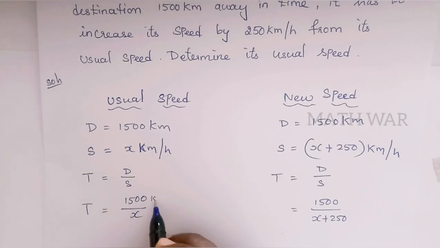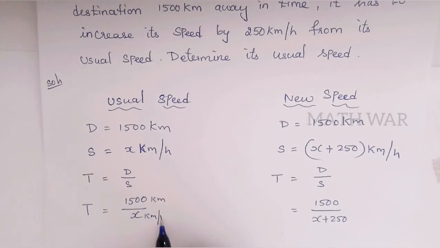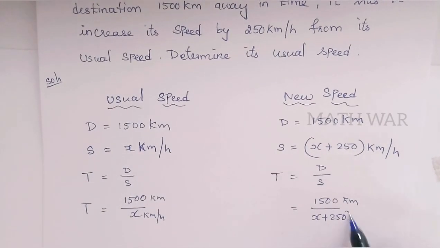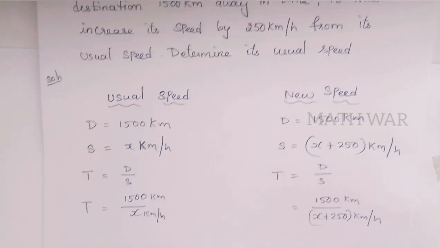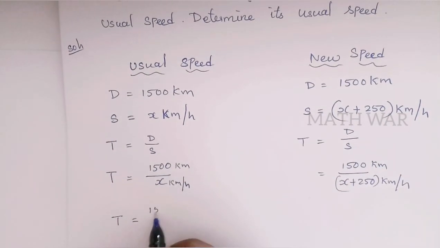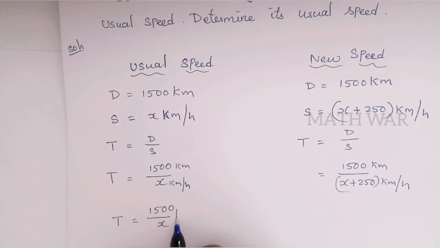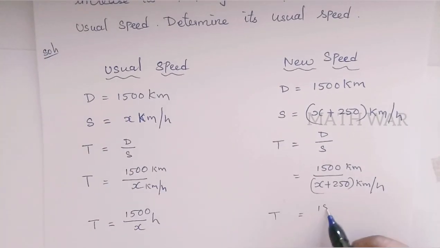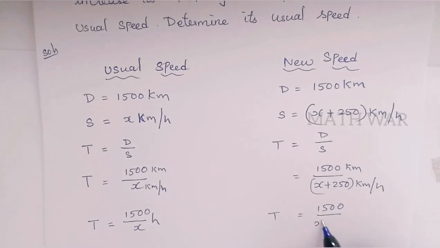Actually this is kilometer and this is kilometer per hour. Now time will be in hours, right? So kilometer will be cancelled, so 1500 by x hours, and here time is nothing but 1500 by x plus 250 hours.